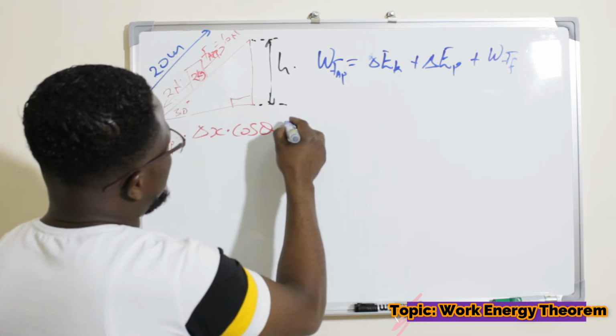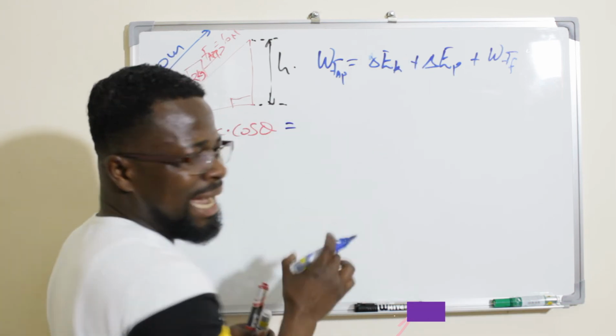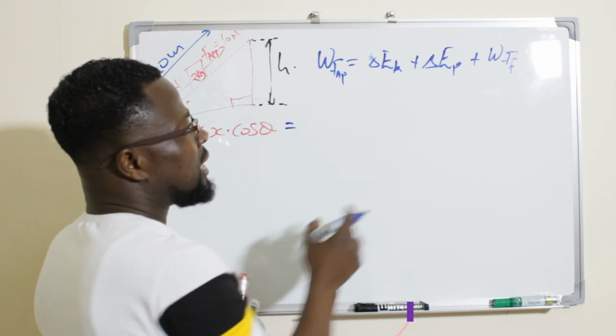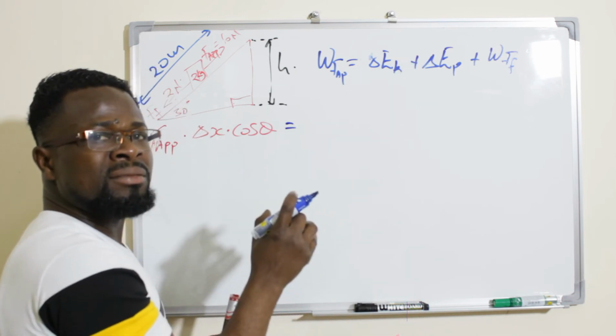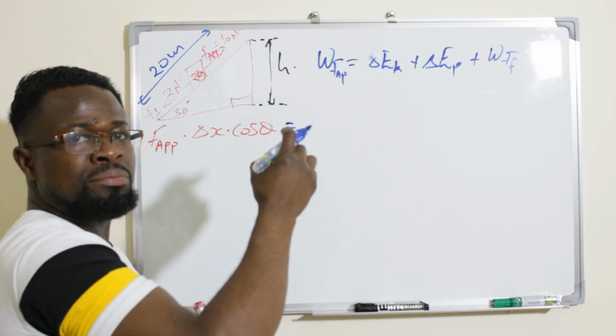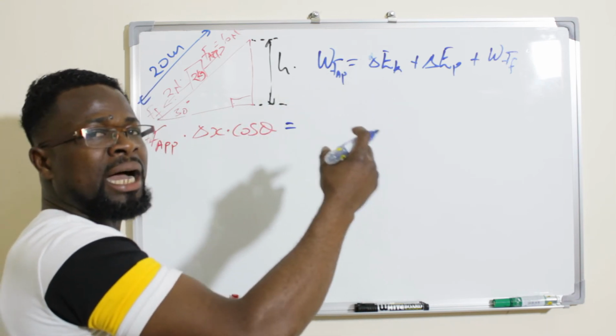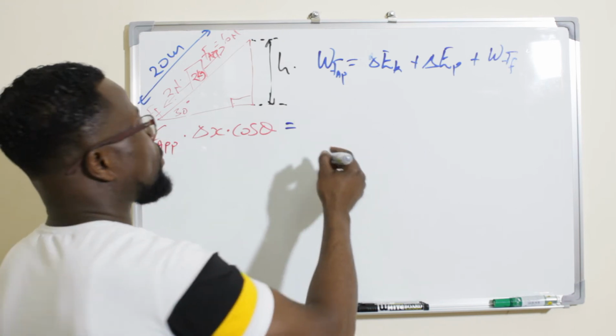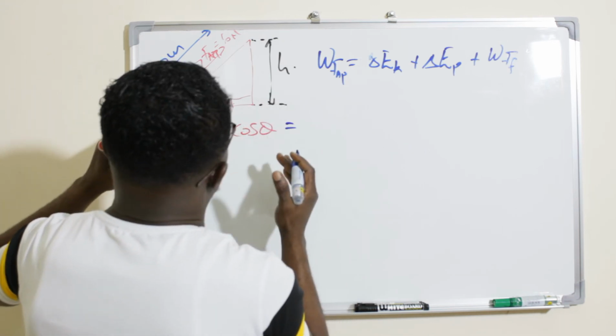Let's now move on to look at the change in kinetic energy. The change in kinetic energy is simply the final kinetic energy minus the what? The initial kinetic energy. So where is the final kinetic energy?